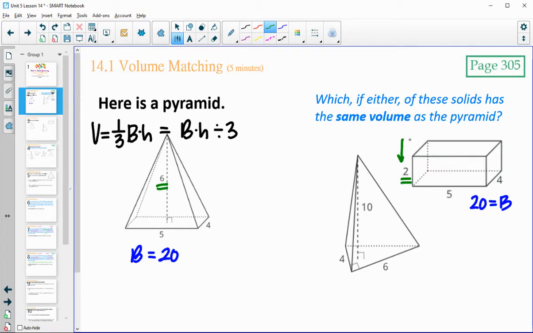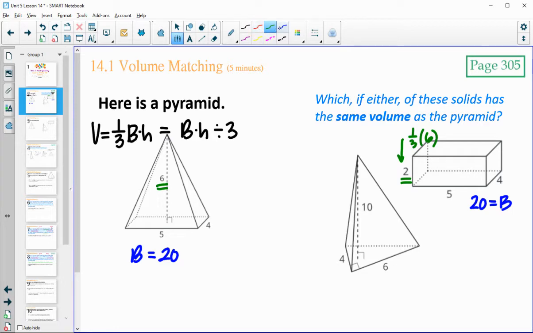So this 2 is actually 1/3 of 6. So then we already know that this is 1/3 the height. So then we would know that those volumes are the same, because when we take 20 times 6 divided by 3, that's going to be the same as 20 times 2. So maybe you decided that they have the same volume that way.